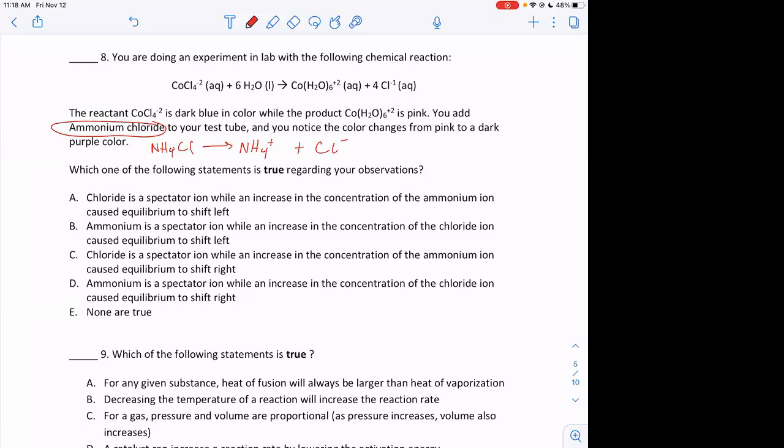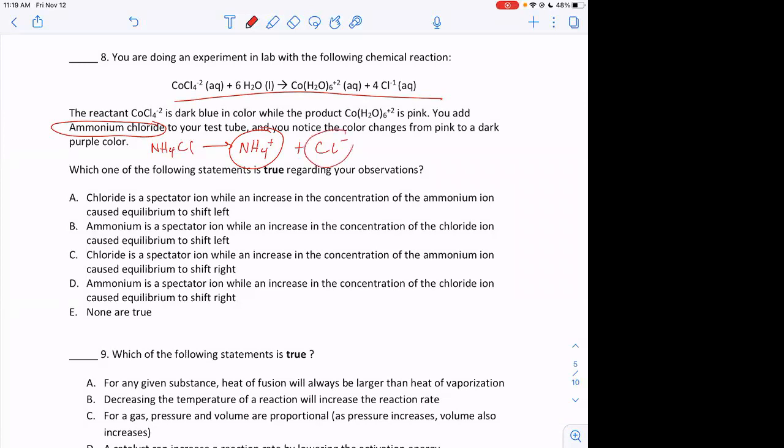So your options are which one is a spectator ion and which one can affect or shift equilibrium. So the only thing that can shift equilibrium is anything that's in this reaction. So let's look at ammonium first, NH4. Do I have ammonium anywhere in this entire reaction? Nope, it's not a product, it's not a reactant, it's not involved with anything.